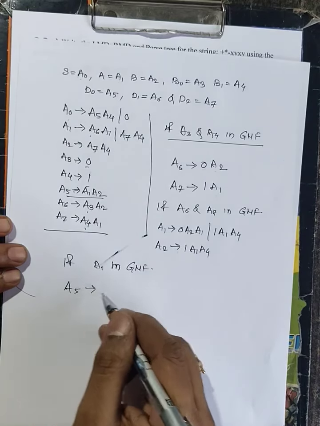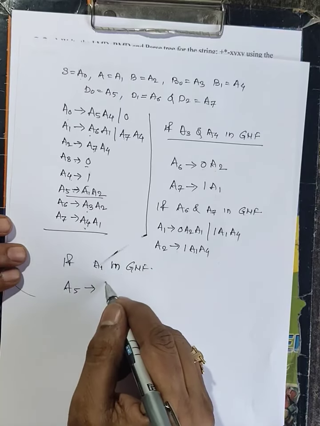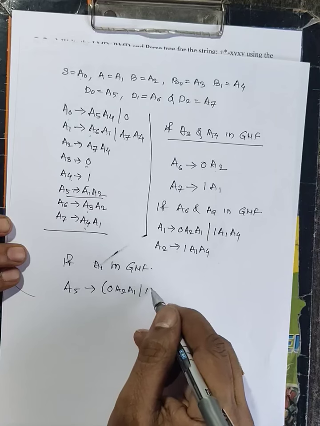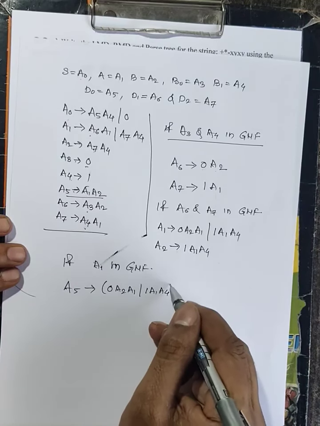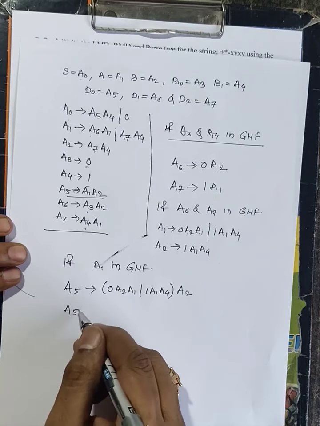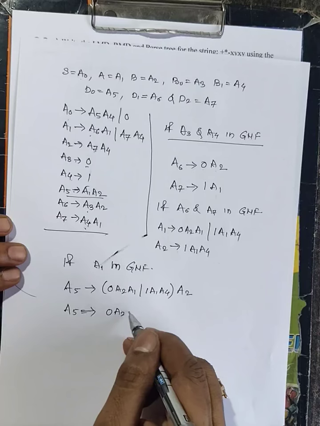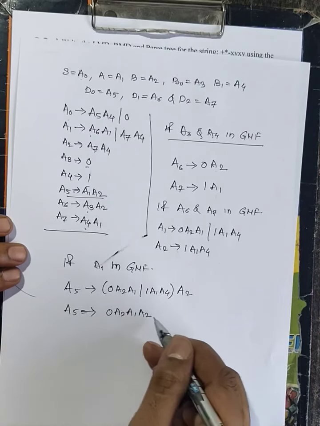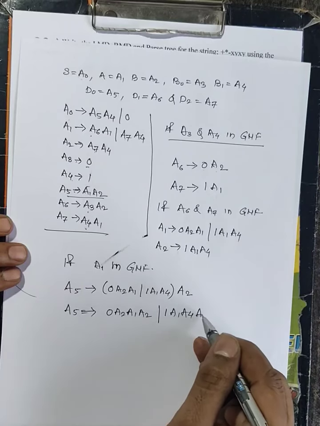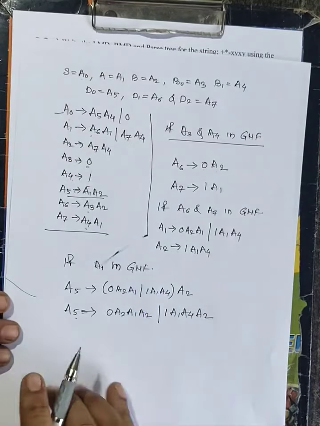A5 produces A1 A2, and A1's productions are 0 A2 A1 and 1 A1 A4. Substituting, A5 produces 0 A2 A1 A2 or 1 A1 A4 A2. And if A5 is in GNF, then you can convert A0 into GNF.